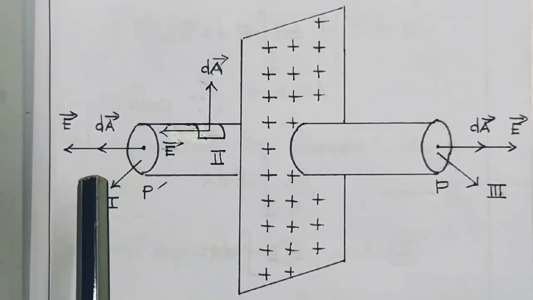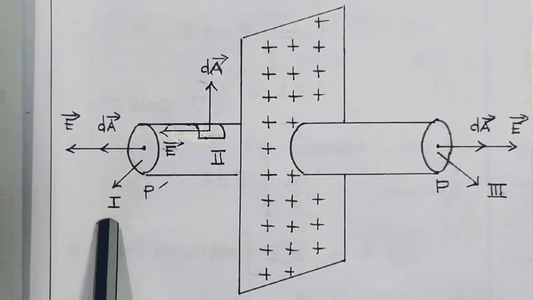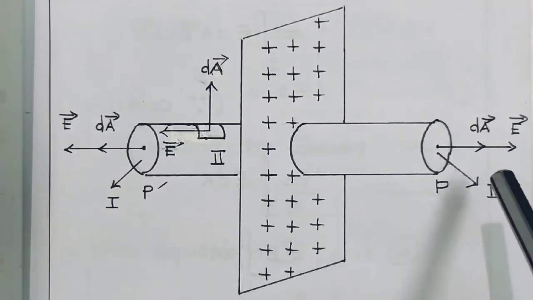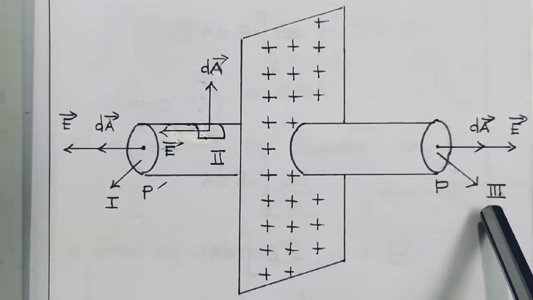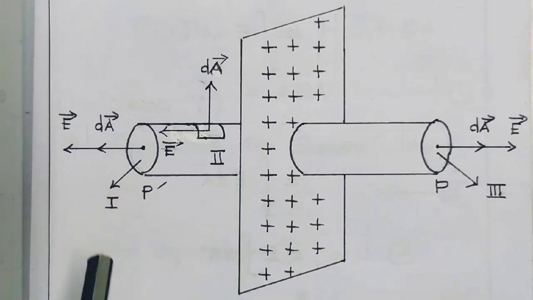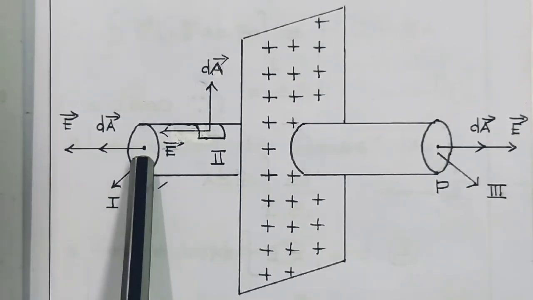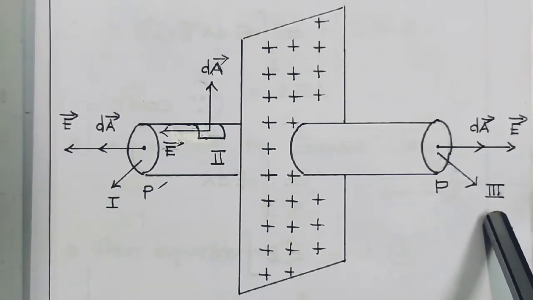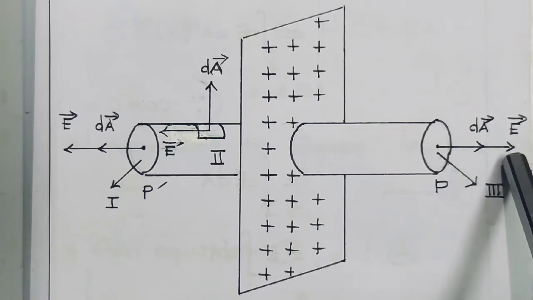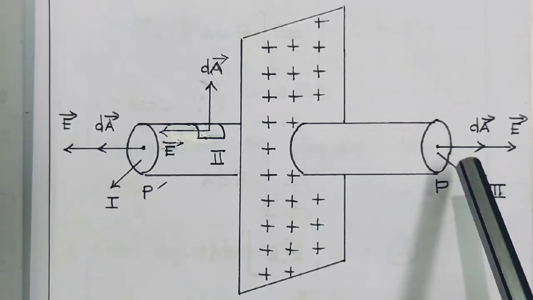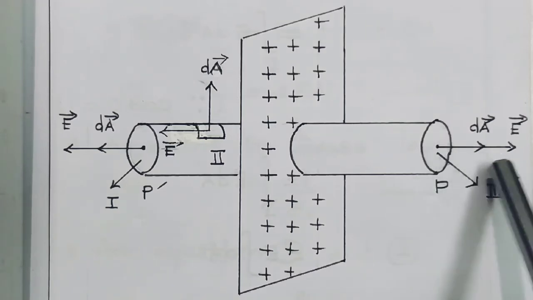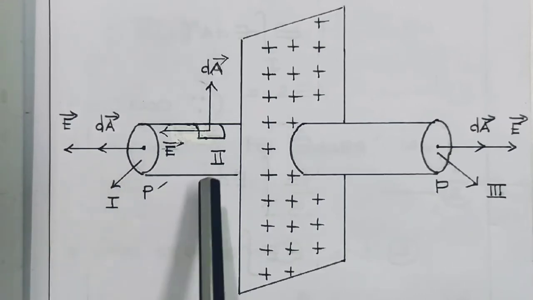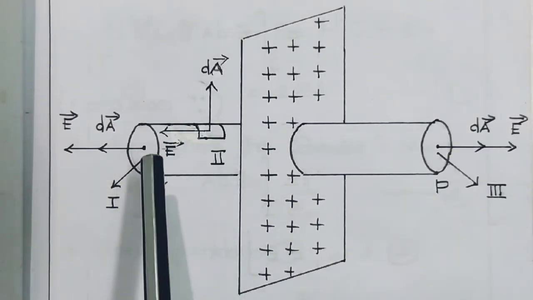Let us call this region as 1, this curved surface region as 2 and this circular region as region 3. In region 1, E vector and dA vector are in the same direction, so the angle is 0. Similarly, in region 3, E vector and dA vector are in the same direction, so theta is equal to 0. But in the curved surface, we have taken a small surface.